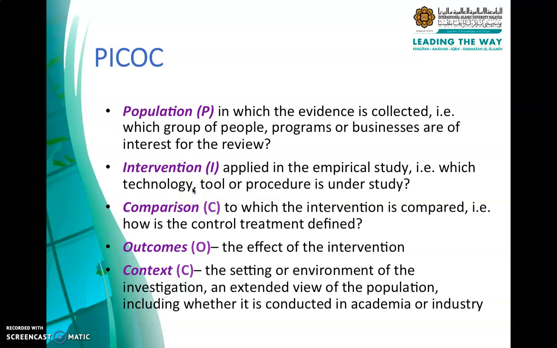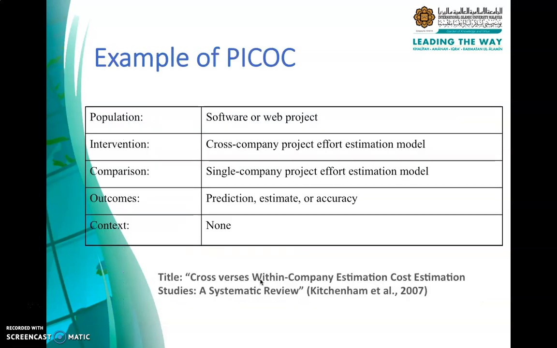Comparison is used if we wanted to compare the intervention with something. If we wanted specific outcomes, we can specify what kind of effect we are interested in. In terms of context, we can define the setting or environment of the investigation, for example, whether we wanted to focus only on academia or industry. So this is one example of PICOC.